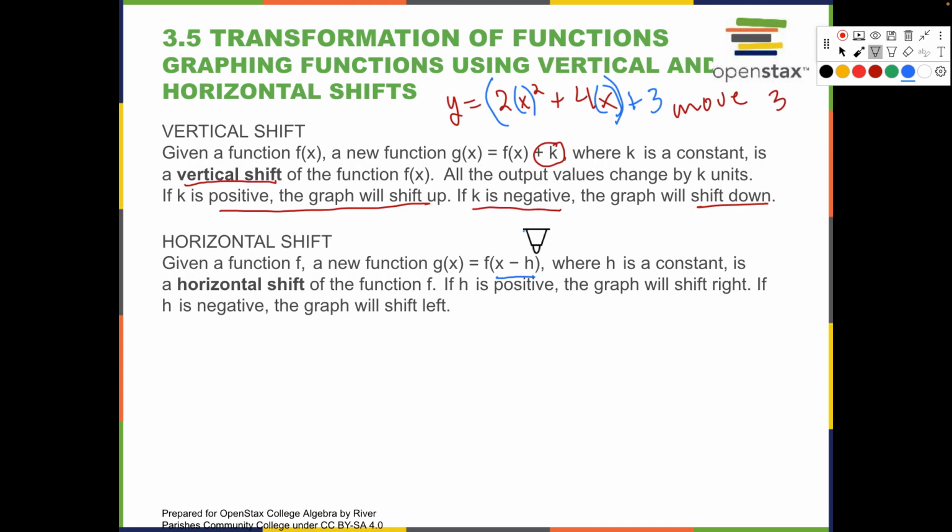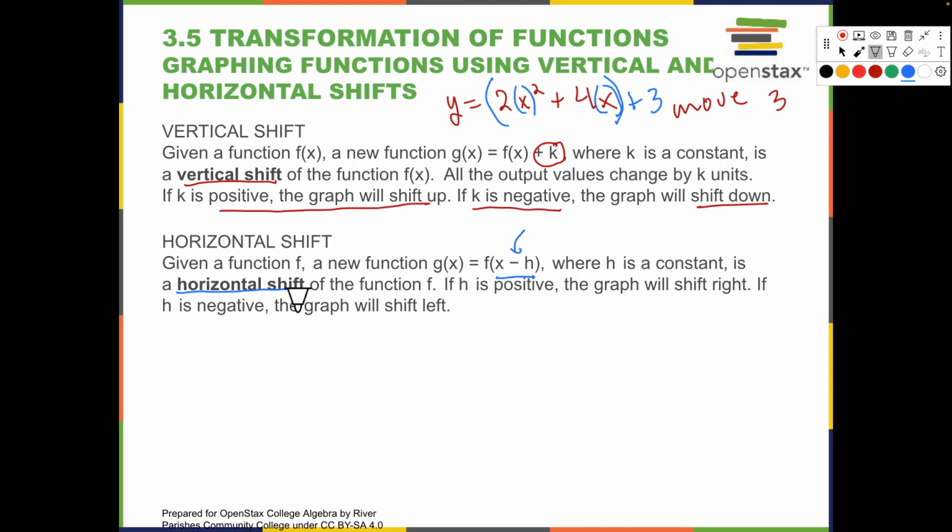If h is positive, they have the negative here, and it actually moves it in that direction. If h is negative, it moves it in the other direction. So whenever we're inside the function, we'll be shifting it horizontally.